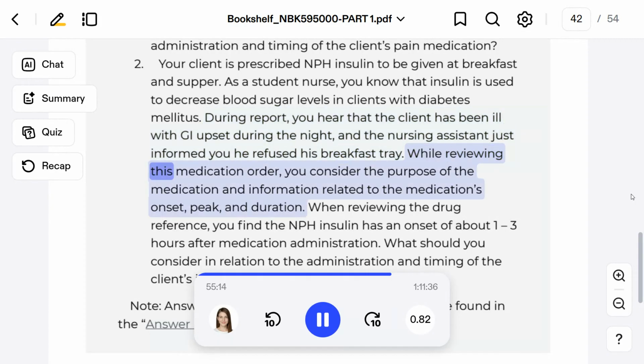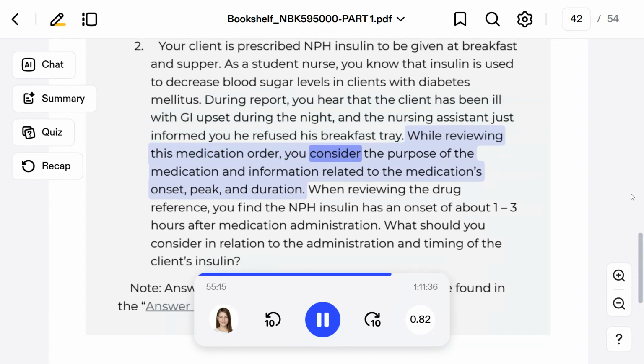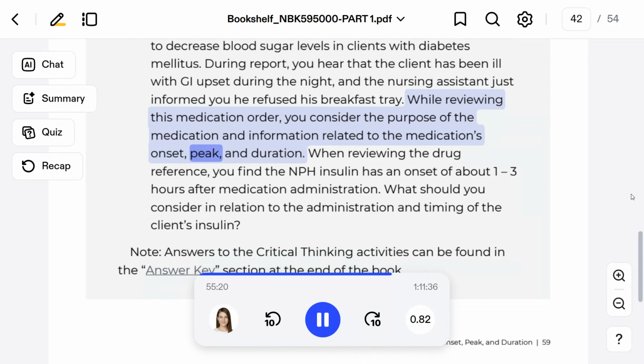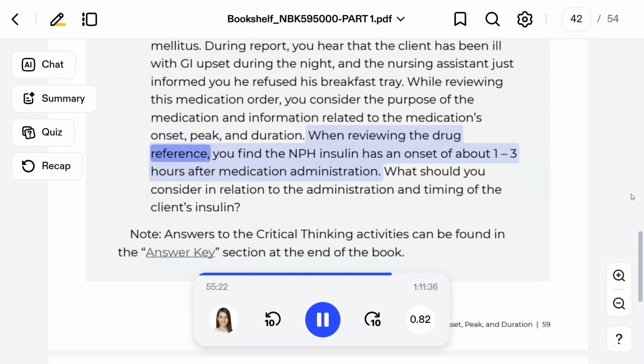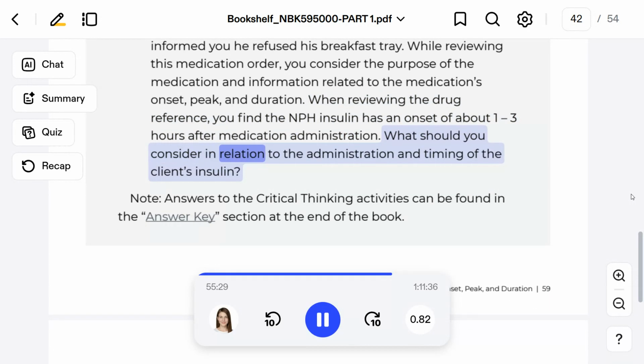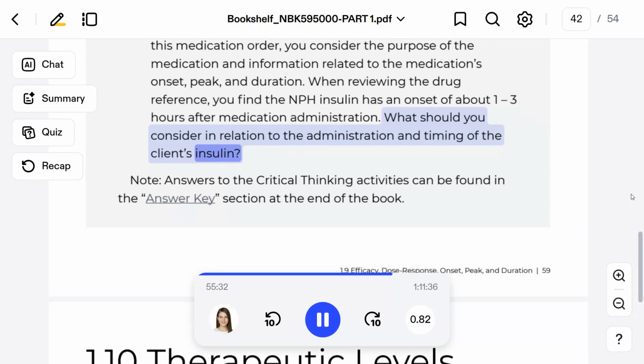While reviewing this medication order, you consider the purpose of the medication and information related to the medication's onset, peak, and duration. When reviewing the drug reference, you find the NPH insulin has an onset of about 1 to 3 hours after medication administration. What should you consider in relation to the administration and timing of the client's insulin?